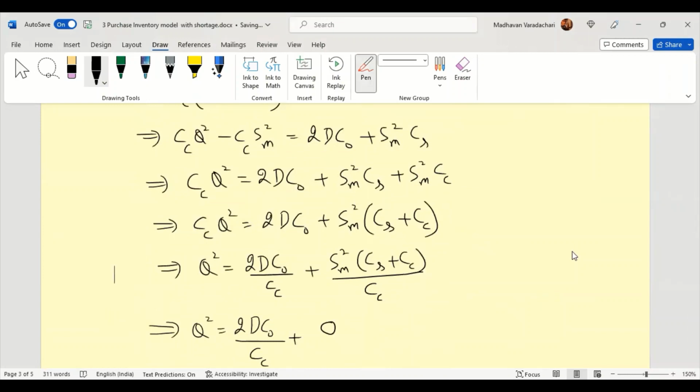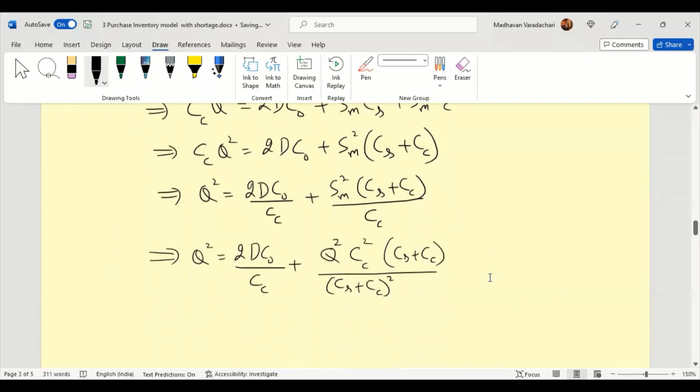That means Q square Cc square divided by Cs plus Cc the whole square, and here you have Cs plus Cc, denominator you have Cc. So this one term goes, so you have only Cs plus Cc. Here one term goes, you have Cc.